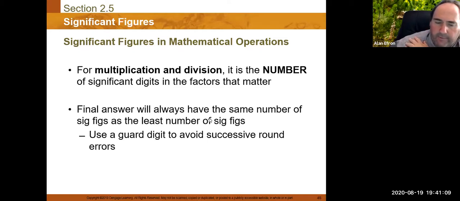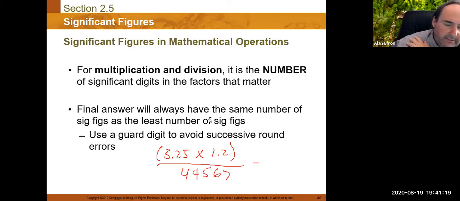If you did a whole bunch of processes together, like if you took 3.25 times 1.2 and divided it by 44,567, what you would most likely do first is the stuff in parentheses, and here we're multiplying. So when we do the top part, that is 3 significant figures and 2 significant figures, which means your answer should have 2 significant figures.